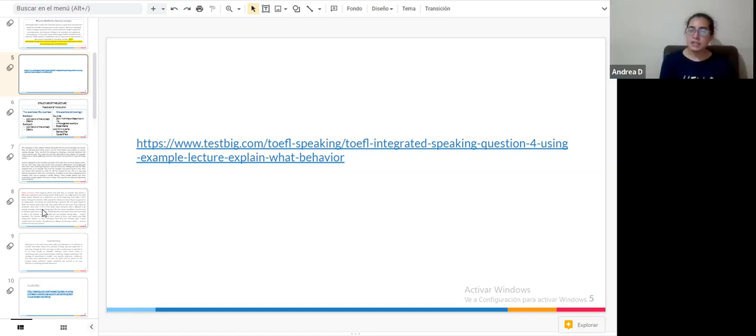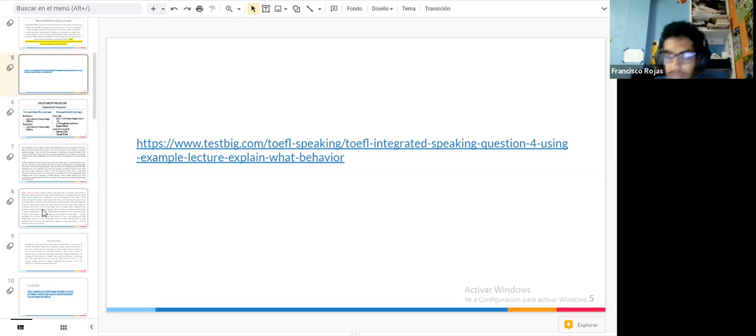So how is it that they change their behavior? When students raise their hands, it's like a meaning that the students are paying attention and the teacher has a good reaction and feel happy.